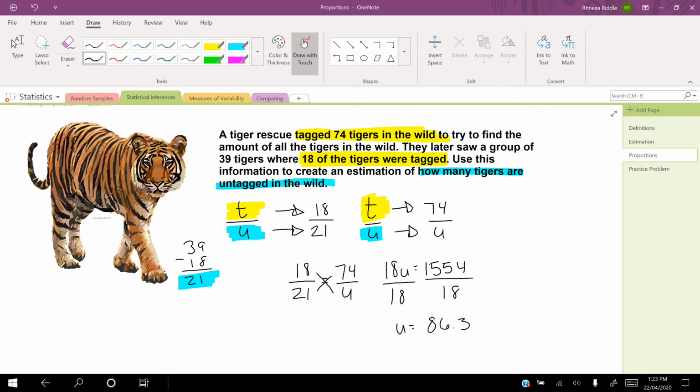And because we're talking about tigers and we can't have a third of a tiger, we're going to round, and that rounds to 86. So we are saying that the tiger rescue were unable to tag 86 of our tigers that are in the wild. So we tagged 74 and there are 86 that were not tagged. And using that information, you can find out how many tigers there are in the population in the wild in general, but it's just asking us for untagged.